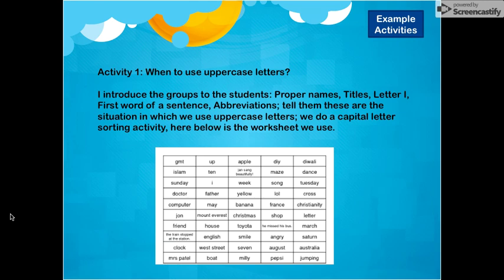Then I will tell them these are the situations in which we use uppercase letters. After that, we do a capital letter sorting activity. Here below is the worksheet we're going to use. The students will have to sort these words and phrases to identify those that should start with a capital letter and those that shouldn't.